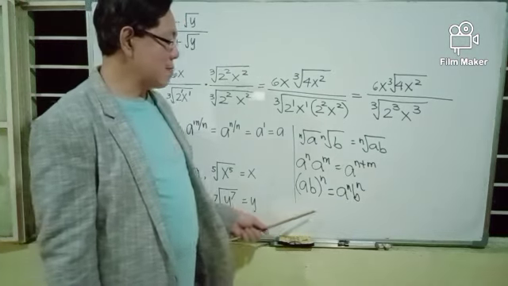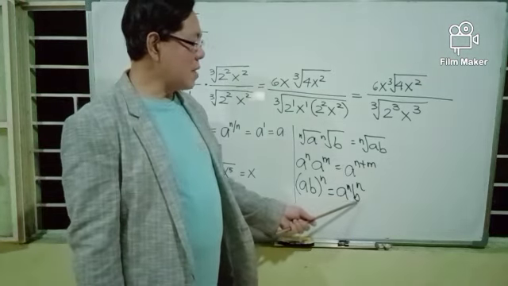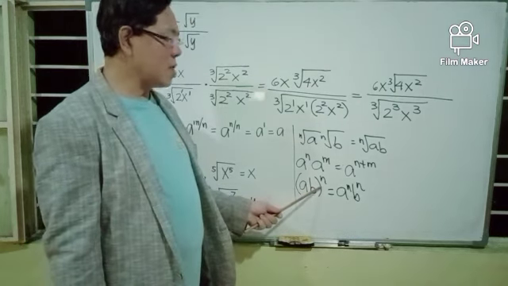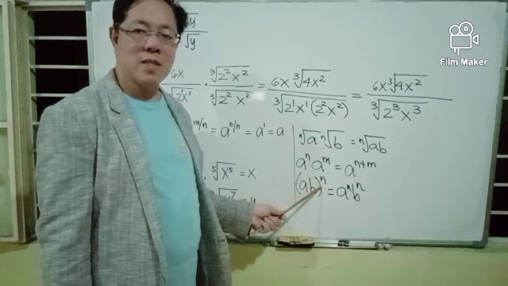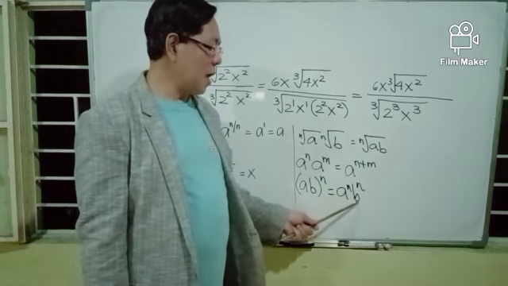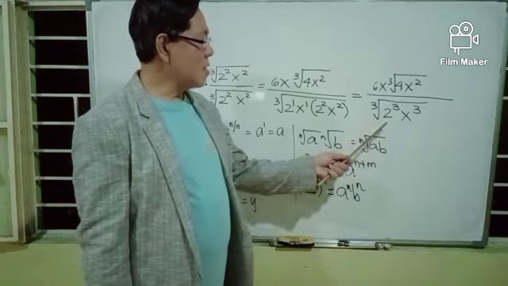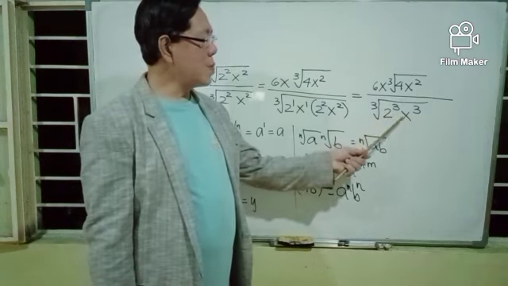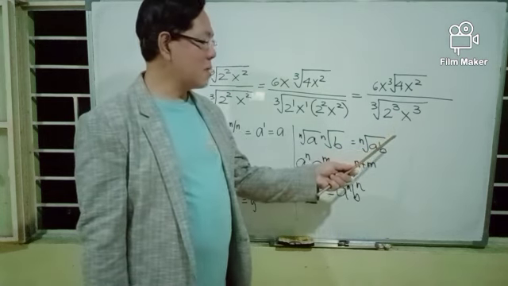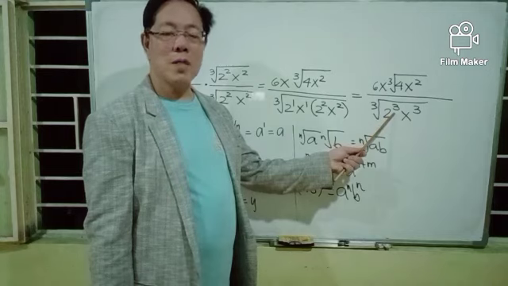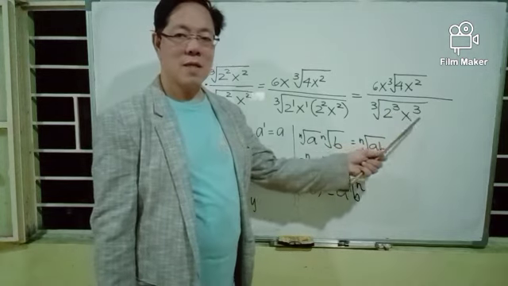If we have A to the n, B raised to n, we can write this as the product AB raised to a single exponent n, where n is the common exponent of A and B. Hence, this cube root of 2 cubed x cubed can be written as the product 2x raised to the common exponent 3.